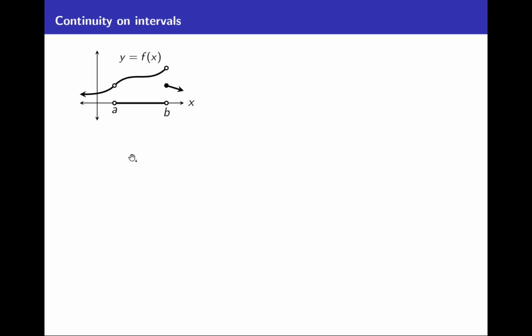Often it'll happen that you'll have a function y equals f of x, and it may be discontinuous at a variety of points, as indicated here. But it could well happen that if you narrow your focus down to a certain interval, then that function will be continuous at every point on that interval, every number c on that interval.